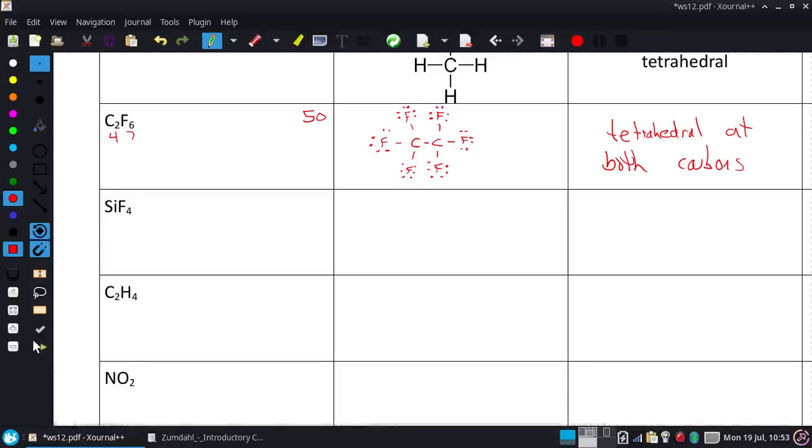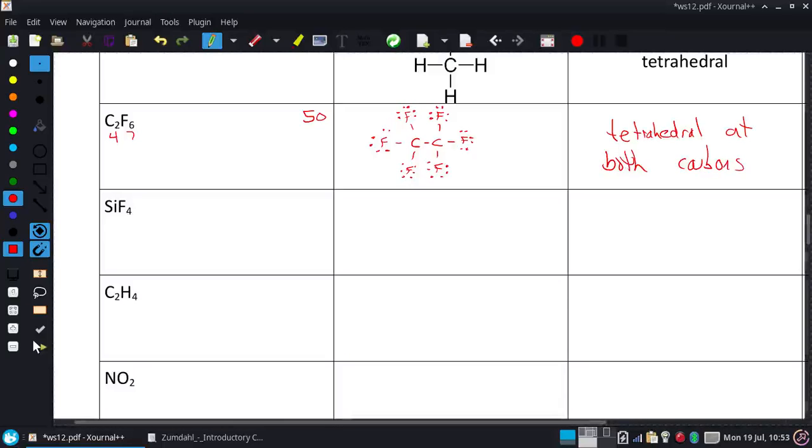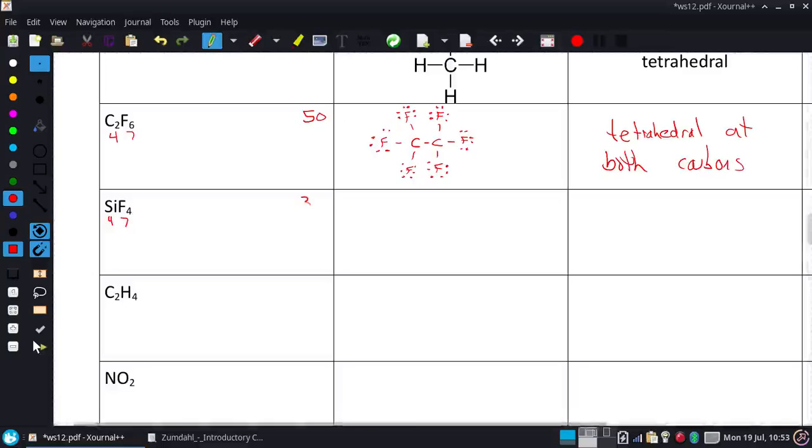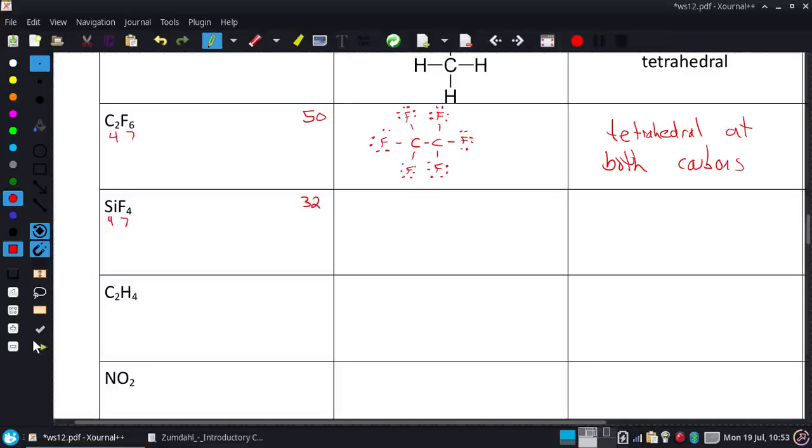Okay, next one here. Silicon, just underneath carbon, also has 4 valence electrons, and those fluorines still have 7. So this is 32 valence electrons. This is going to look very similar to that previous one.